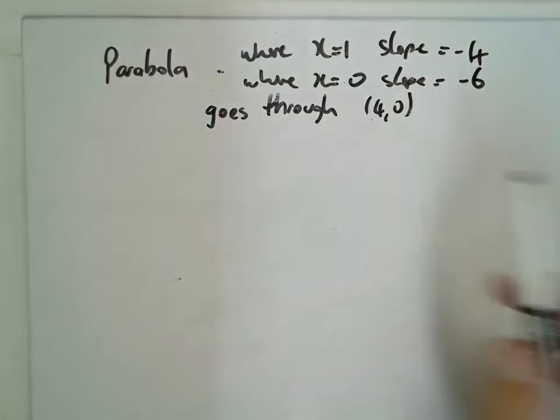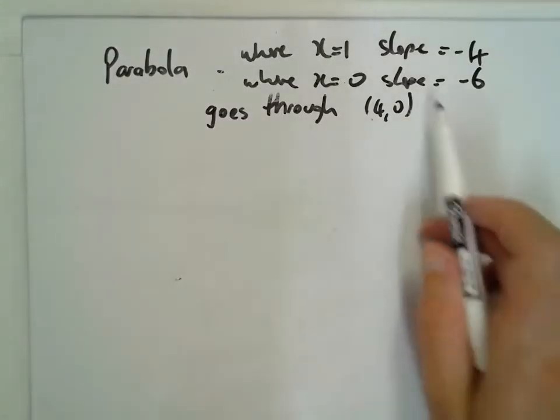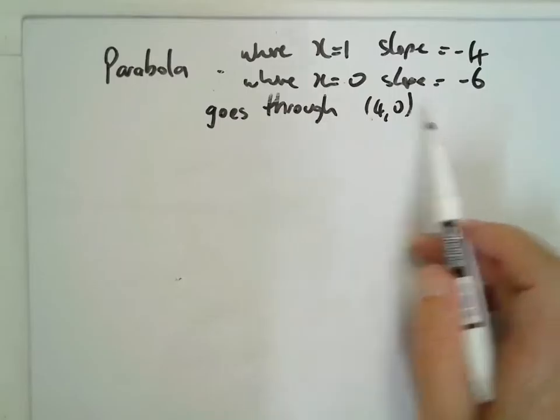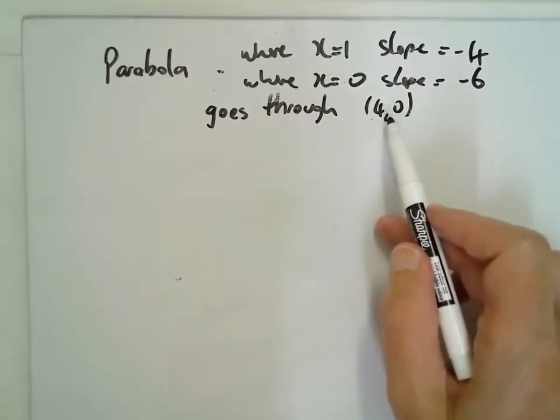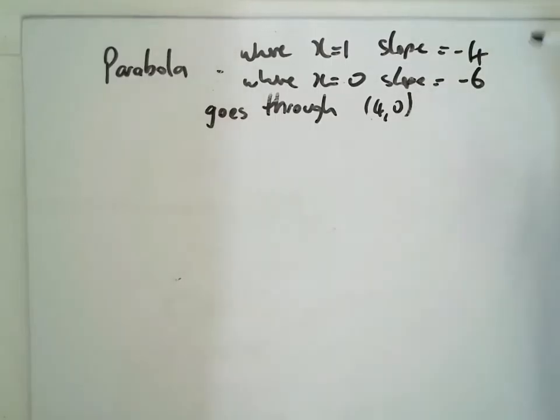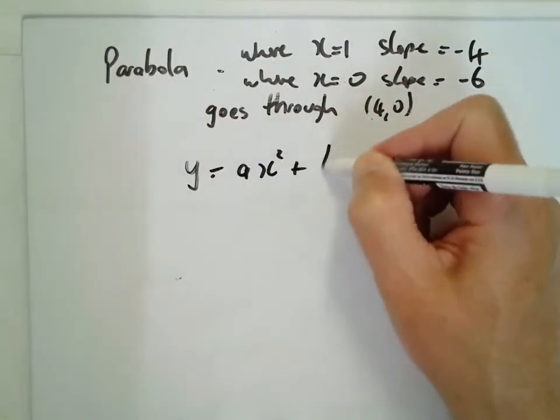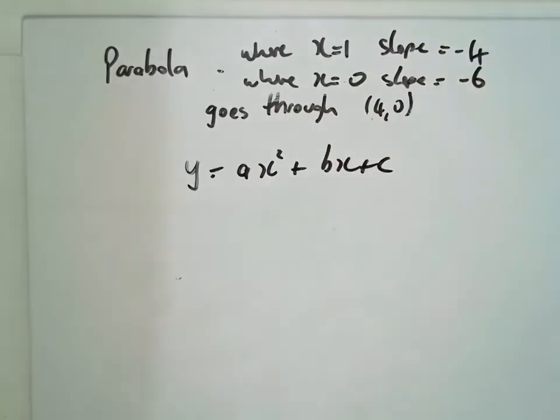And let's just leave it going through that point. So, okay, we're not really given a turning point. We know it goes through this point here, which is an x-axis intercept, but because we don't have two, I'm thinking just y equals ax squared plus bx plus c.